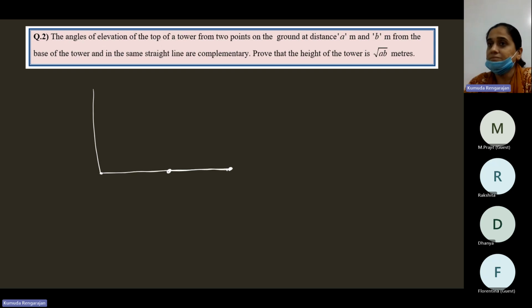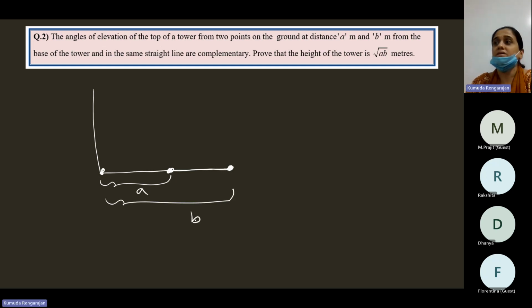The distance of these 2 points from the base of the tower: this is one point, this is the other point. The distance of this point from the base of the tower is A, and the distance of this point from the base of the tower is B.